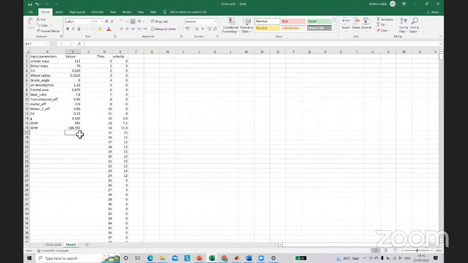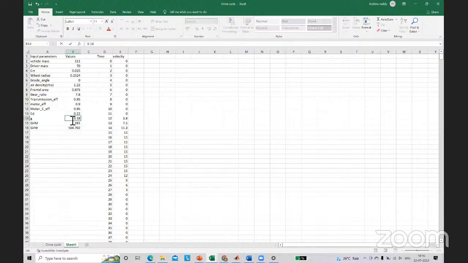I think I have some messed up. Sorry, it should not be 3.24. G is acceleration due to gravity, right? 9.18. Nine point eight nine.